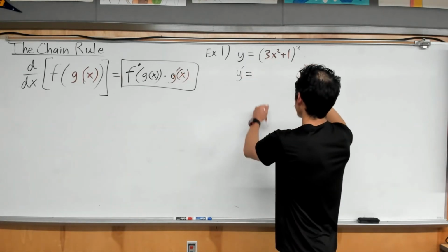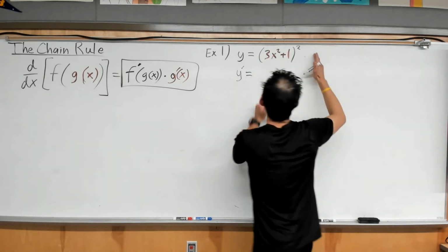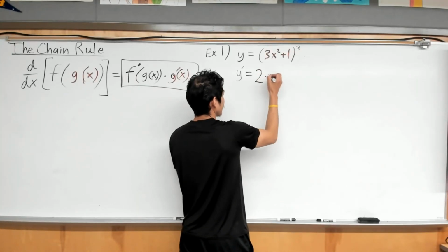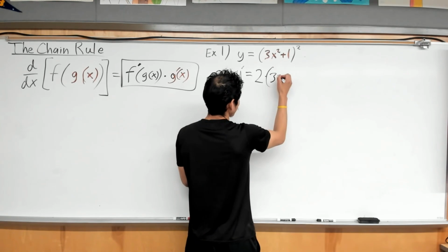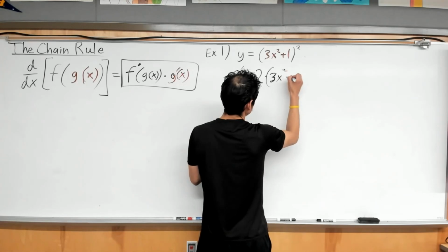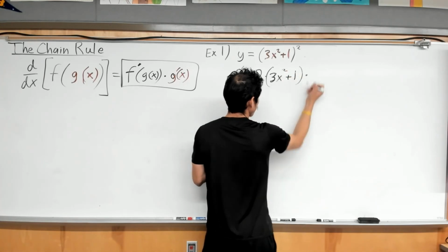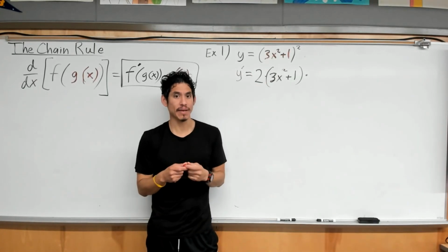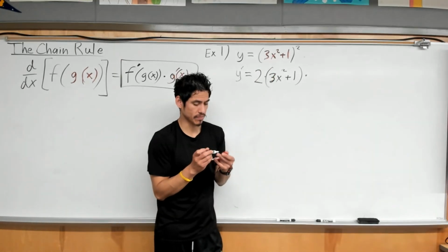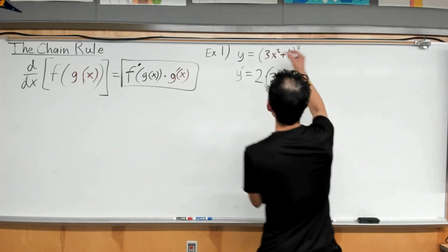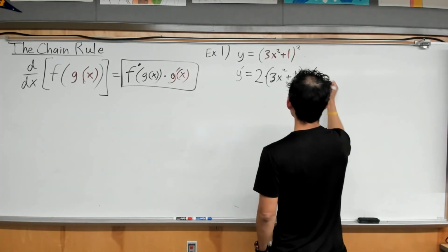I take the derivative of the outside. So the derivative of the power, the power rule, we go 2 times, and we leave the inside as is for the first part. So 3x squared plus 1. And then you multiply it by the derivative of the inside. So you multiply that by the derivative of 3x squared plus 1, and that's going to be 6x.